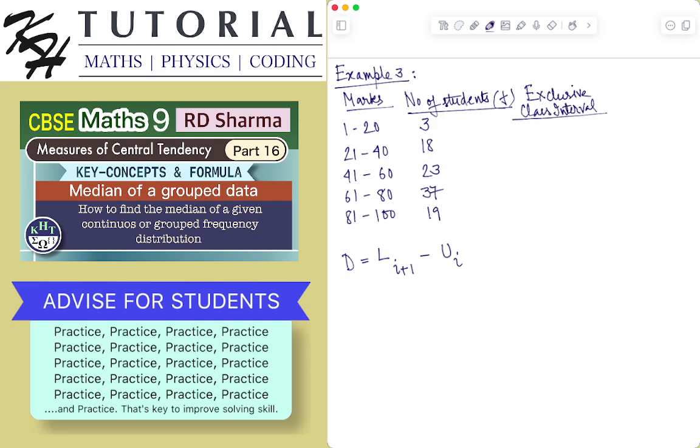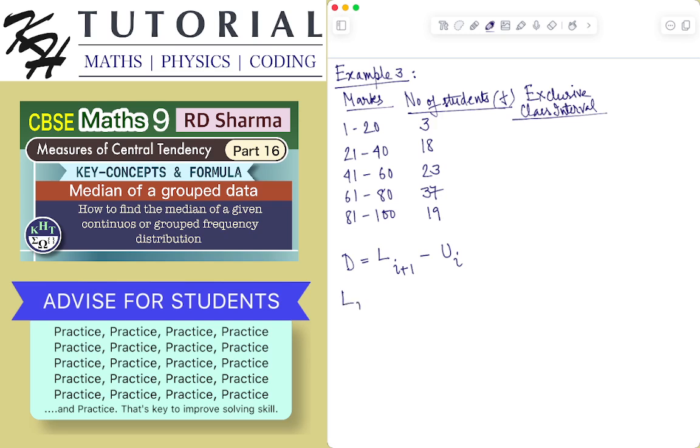This is the difference D. That is, D is the difference between the upper limit of any class interval and the lower limit of the next class interval. Now what you do is you have to change the lower limit and the upper limit of every class. How?